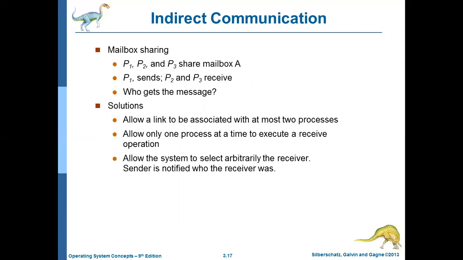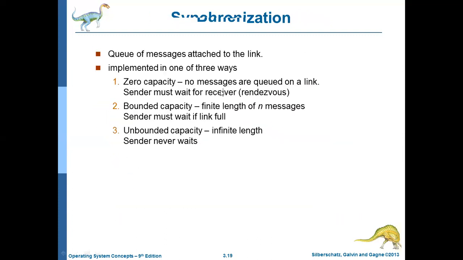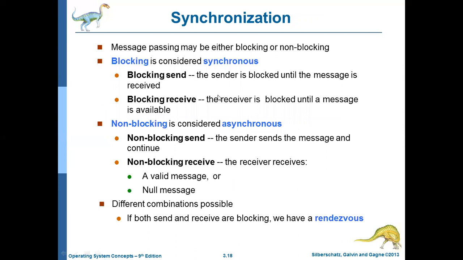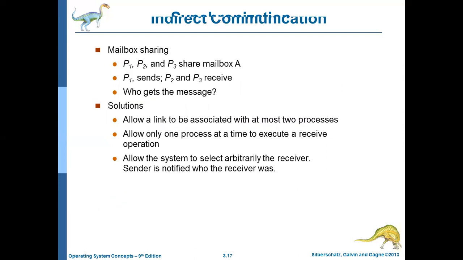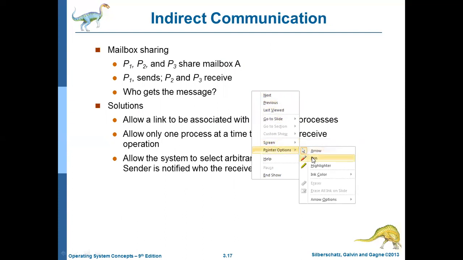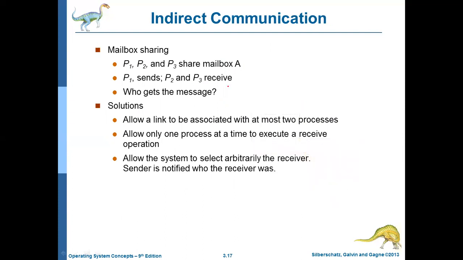And when indirect communication is taking place through a mailbox, what is the major issue that might exist? Look at the scenario given here: P1, P2, P3. Three processes are sharing a single mailbox, that is A. P1 is sending a message, and P2 and P3 are receiving it.